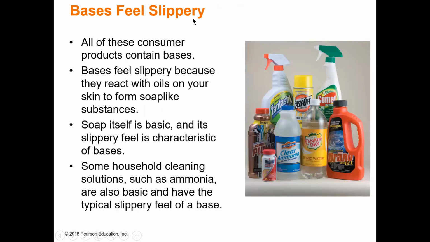So bases feel slippery. So all these cleaning products over here contain bases. Bases tend to feel slippery because they'll react with oil on your skin and they form sort of this soap-like substance. Soap in general is basic, and that's what gives it that quality.